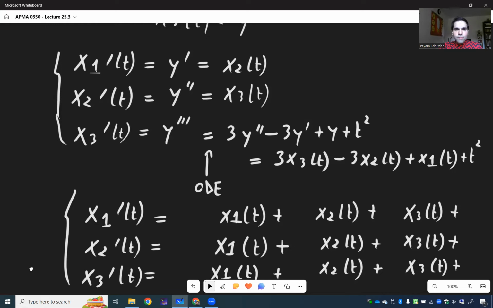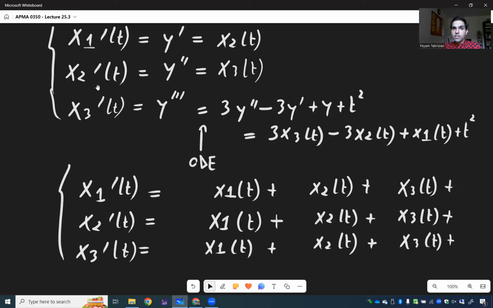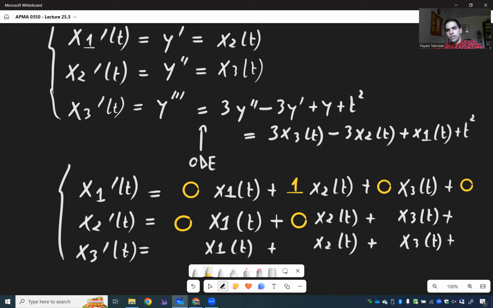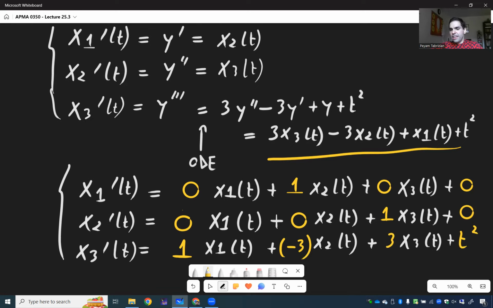Okay. Now, what are the coefficients? So x1 prime was x2. So 0x1 plus 1x2, 0x3, and then 0. x2 prime was x3. So 0, 0, 1, and then 0. And then careful, x3 prime was this, which was 1x1 minus 3x2 plus 3x3, and then the inhomogeneous term.